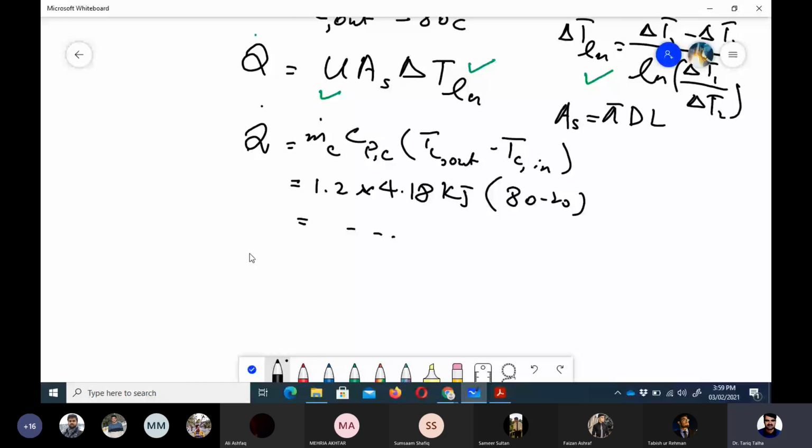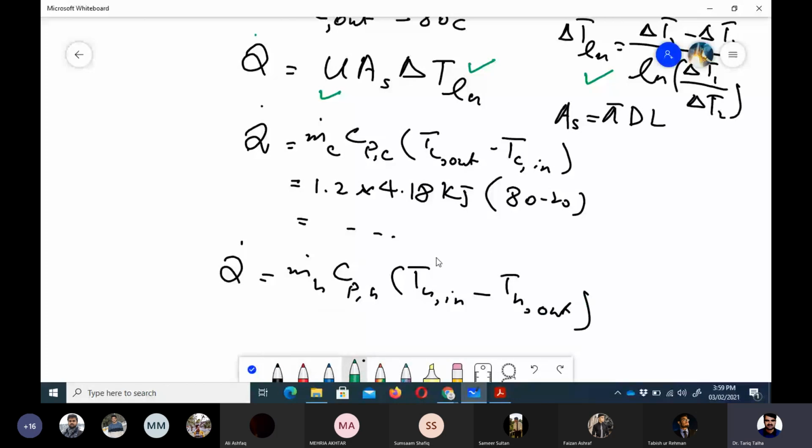So now we can also write that Q dot is equal to m dot H into Cp H into Th in minus Th out. From here we know Th in, that value is 160. Cp H is given in the data, and m dot H is also given in the problem statement. Then Q dot we have calculated from here.